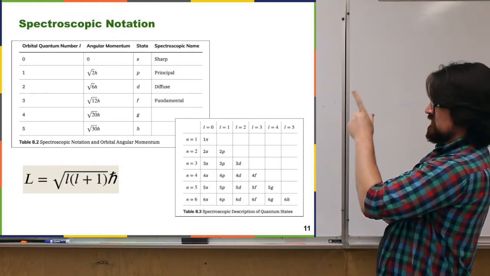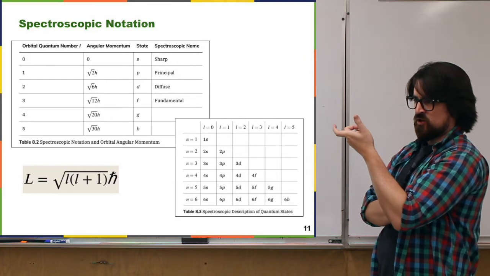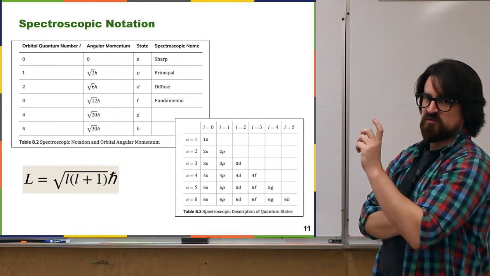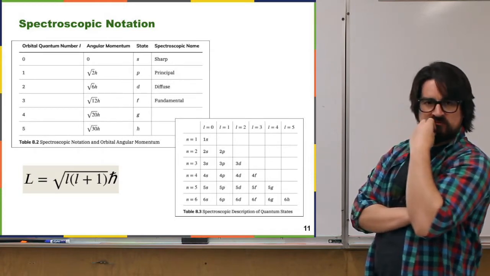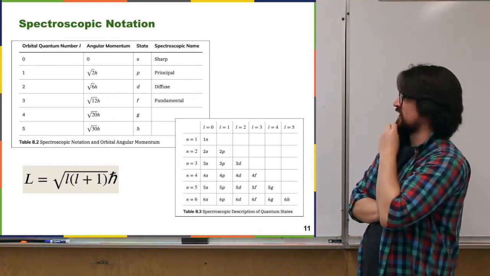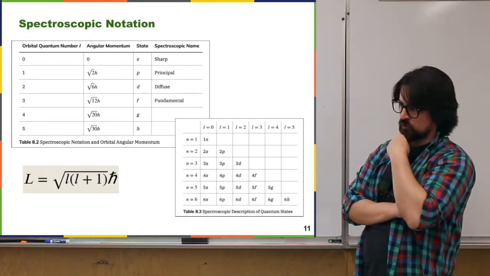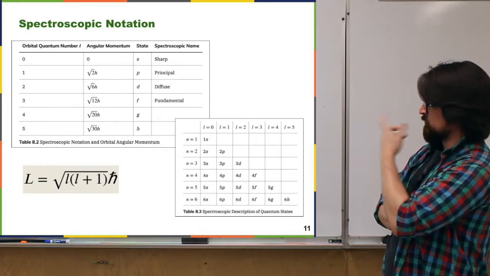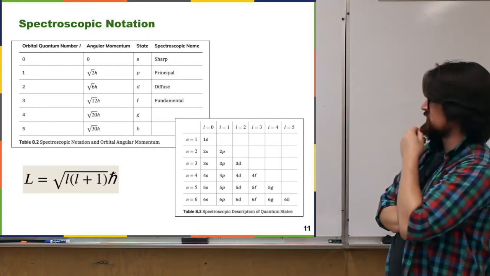So for instance, when L is equal to 0, that means there's no overall magnitude of orbital angular momentum. That was what was called the sharp line, the sharp state, so it's given the letter S. When L is equal to 1, now you have some amount of overall angular momentum, which is the square root of 2 times h bar.